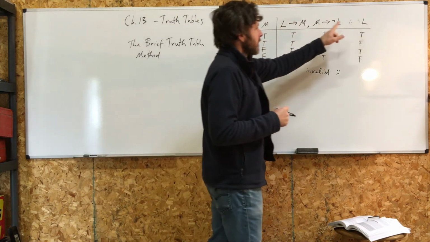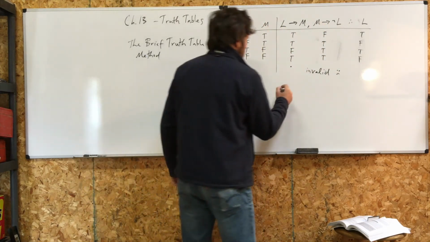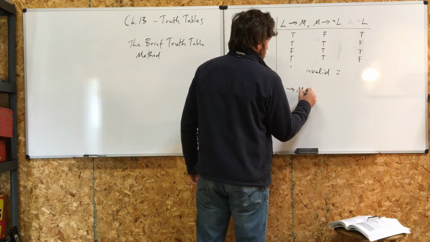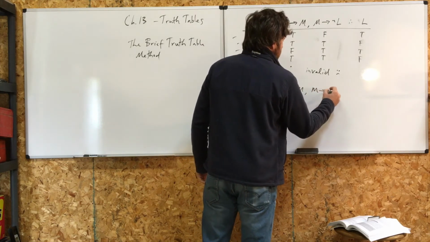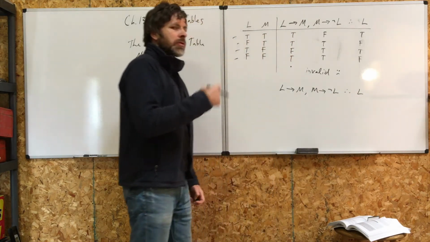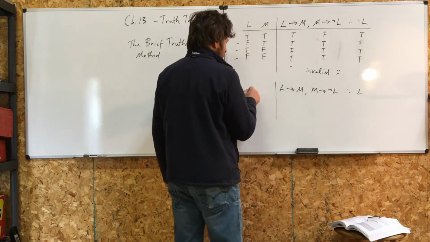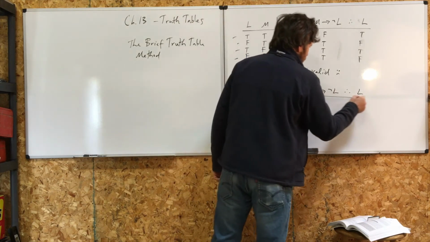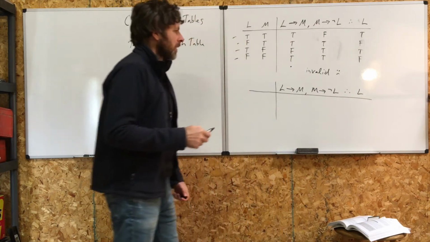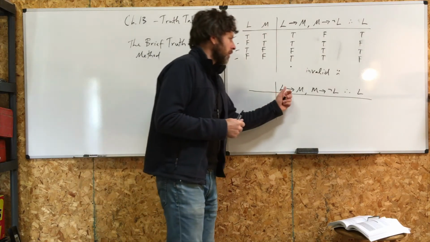We're going to look at the same sequence here, rewrite it, but instead of creating a full truth table with 4 rows, we're going to see if we can actually create a truth table.